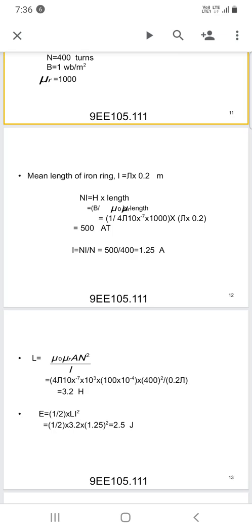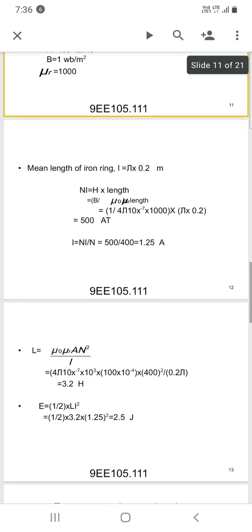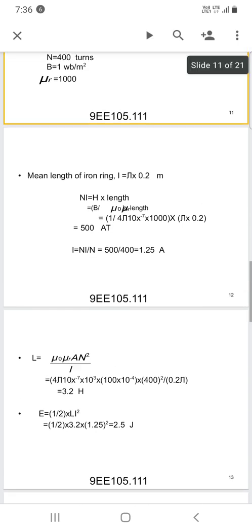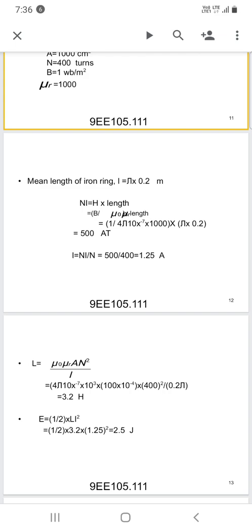B is the flux density of the field, equal to 1. Mu naught is the absolute permeability, equal to 4 pi into 10 to the power of minus 7, and mu r is the relative permeability, equal to 1000. And the length is equal to pi into 0.2.